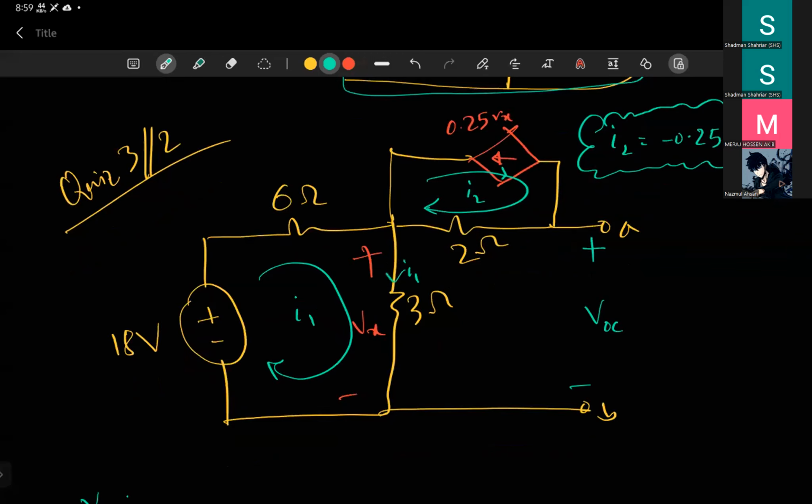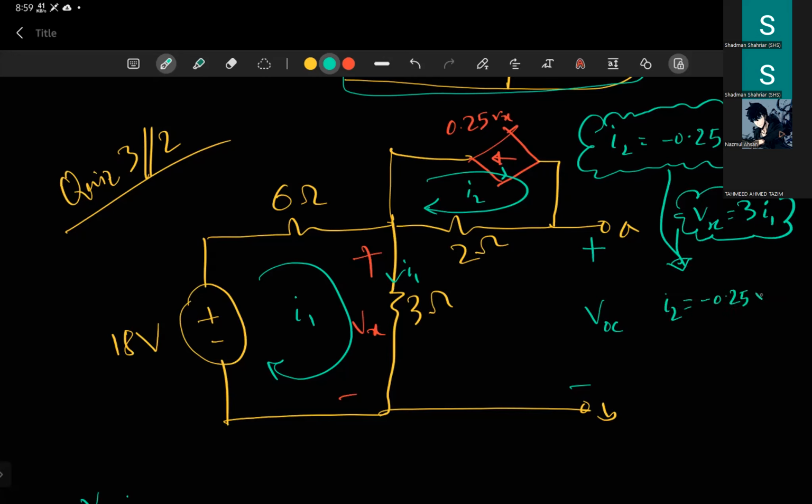So we can write Vx equals 3I1. You can just directly replace it here if you want, so you can merge them together to minus 0.25 into 3I1.